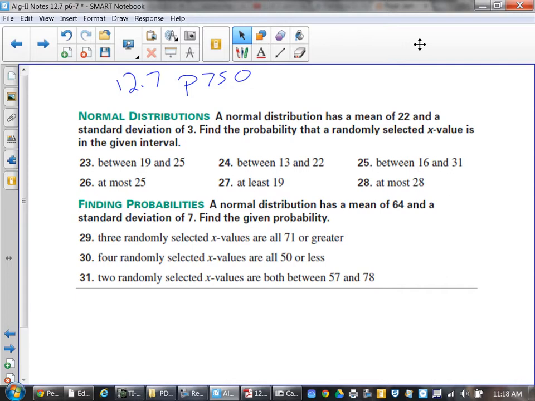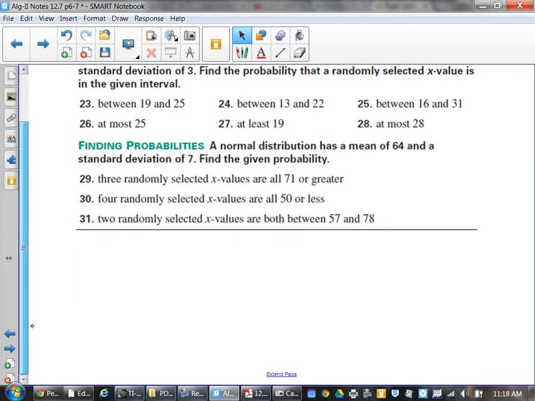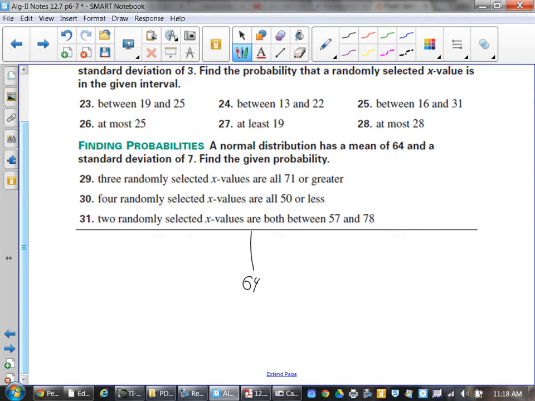You were asking about which one? So you're looking at a normal distribution that has a mean of 64, so the average is 64. It has a standard deviation of 7. That means I'm going both directions. I don't even have to put the curve in. It's asking for less, so I'm going to bring this down to 57 and then 50.